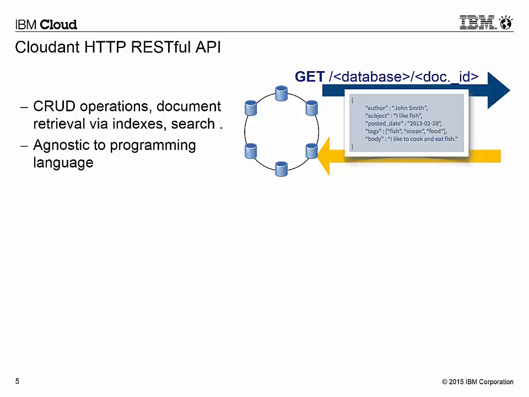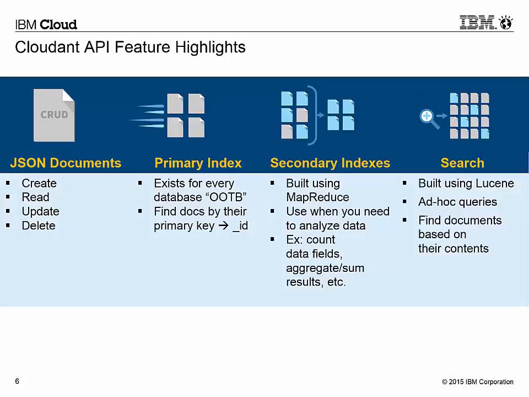The API, because it's HTTP based, it's agnostic to programming languages. So any programming language that has the ability of making HTTP calls will be able to interface with Cloudant. It is 100% compatible with Apache CouchDB because, as I mentioned in the previous slide, it was developed on top of the CouchDB code.